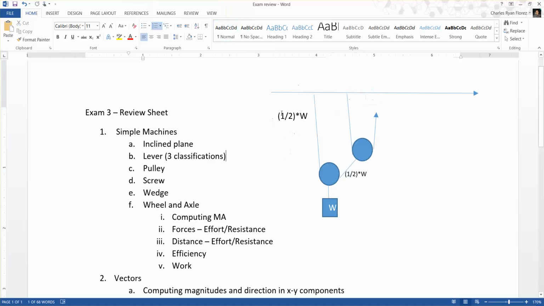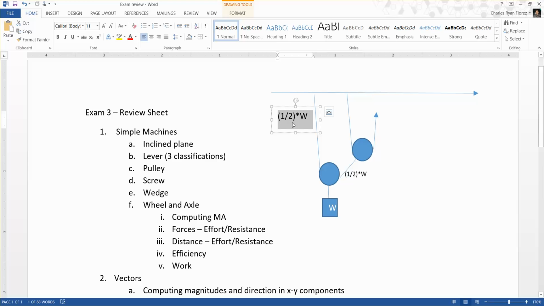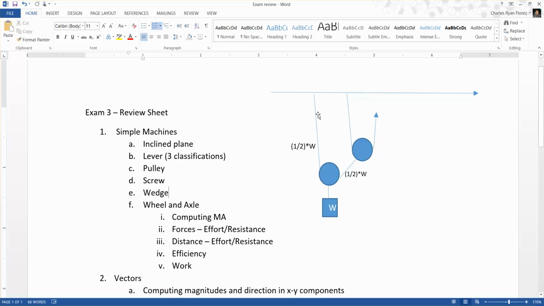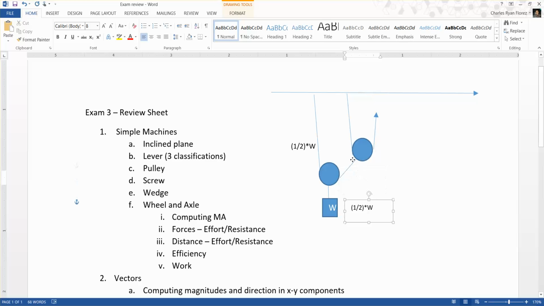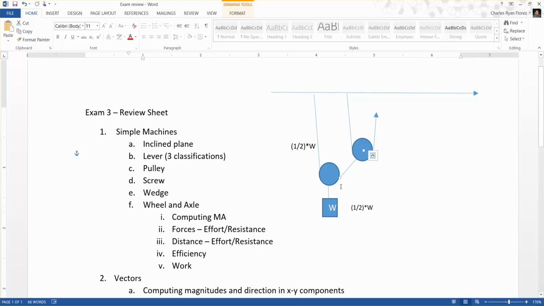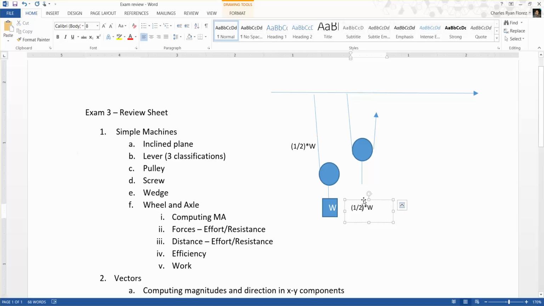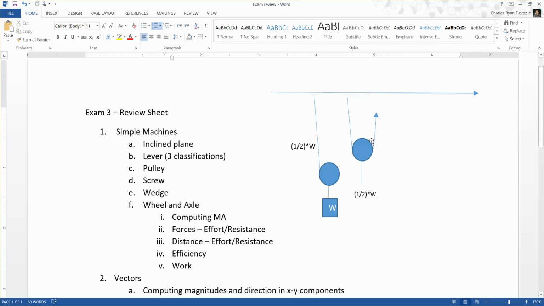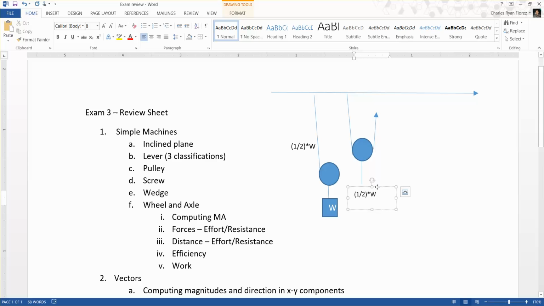Keep in mind that we're still experiencing 1/2 of the weight here and 1/2 of the weight here. If we assume that this string or rope was vertical, then we can also say that it's pulling down here 1/2 W.